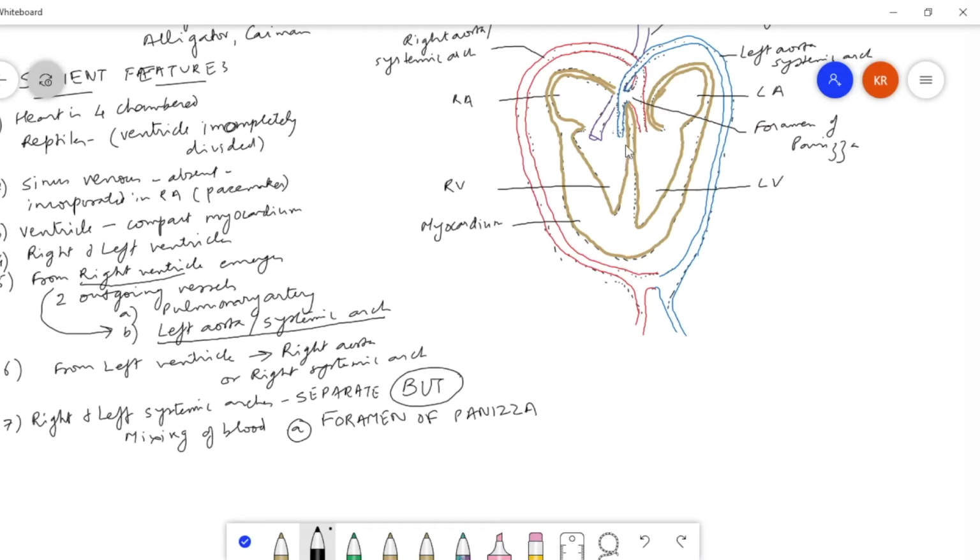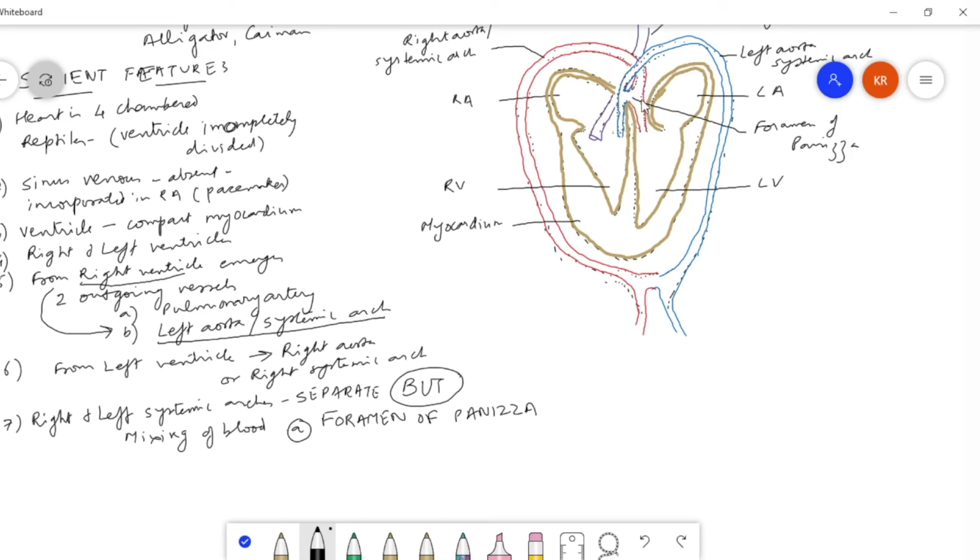Look at the diagram once again. On your left side, from the ventricle's base, we are seeing a blue colored tube arising, going towards this side. So we call it the left systemic arch. Remember that from the right ventricle emerges the left systemic arch, and from the left ventricle a red colored tube emerges, the right systemic arch.